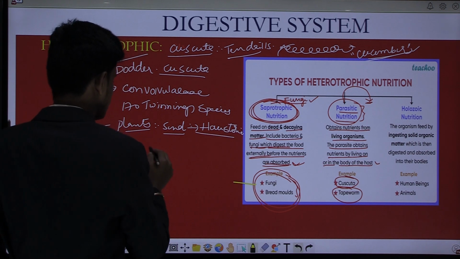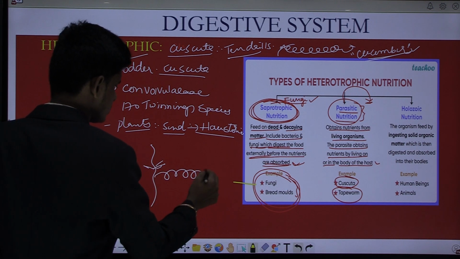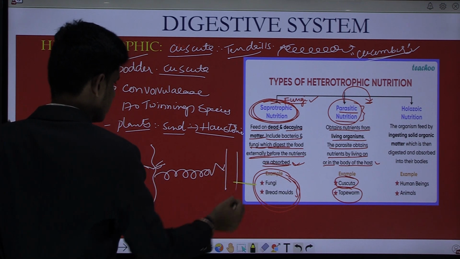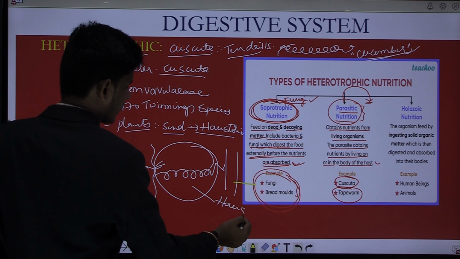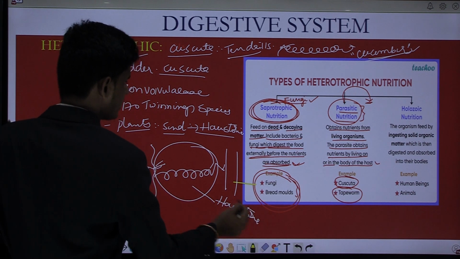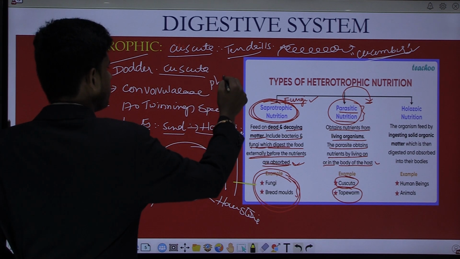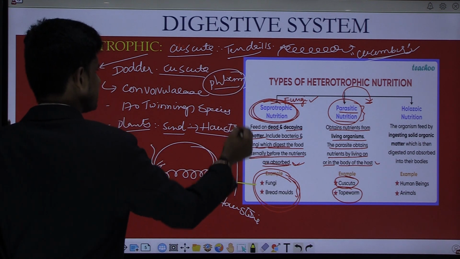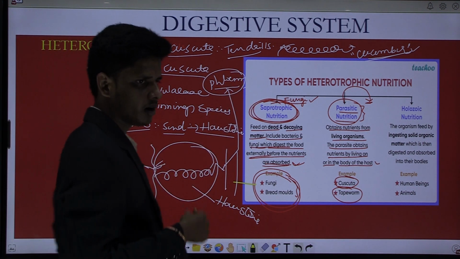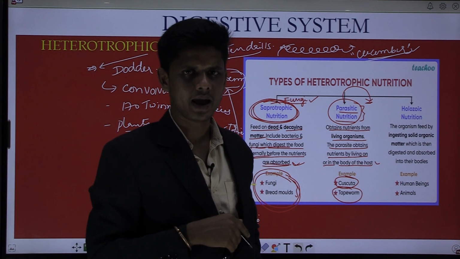Haustoria are the parts, for example, the tendrils of a plant that merge into the other plant. The haustoria merge into the phloem of the other plant. Phloem is a nutritive tissue in plants, and the haustoria take out all the nutrients, water and food molecules from that plant.